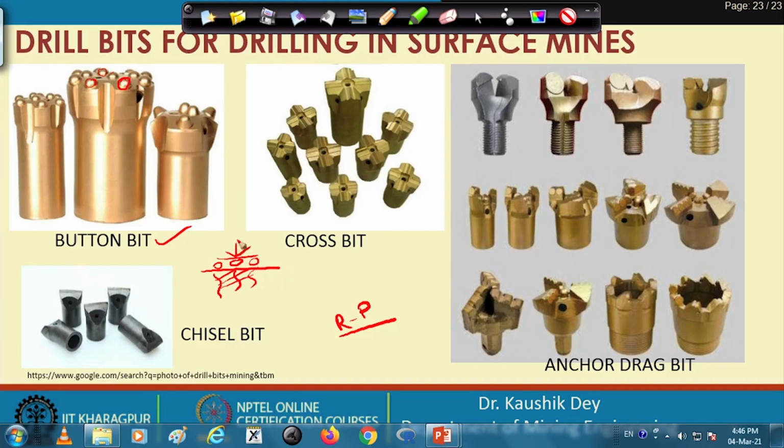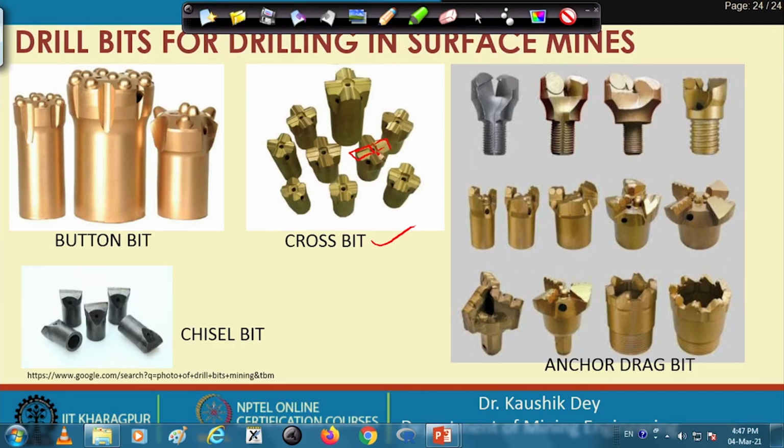The button bit is in general applicable for the softer formation, where a little energy is required for the cracking of the material. Where a little harder material is there, or there may be a little abrasive material available, in those cases cross bits are used. In the cross bit you can see a bigger size tungsten carbide tip is deeply impregnated in the drill bit.